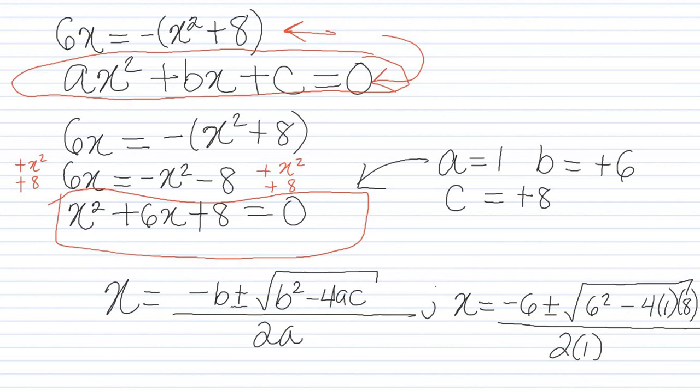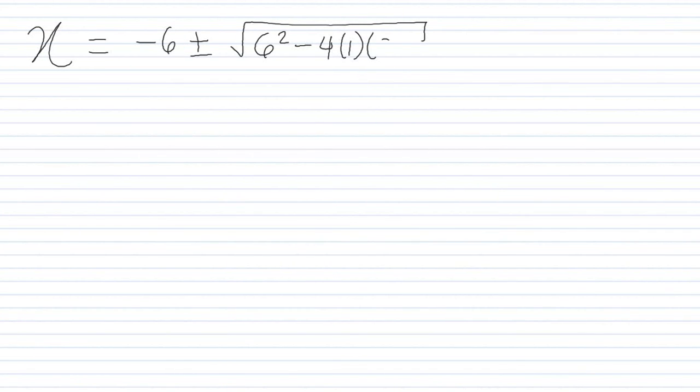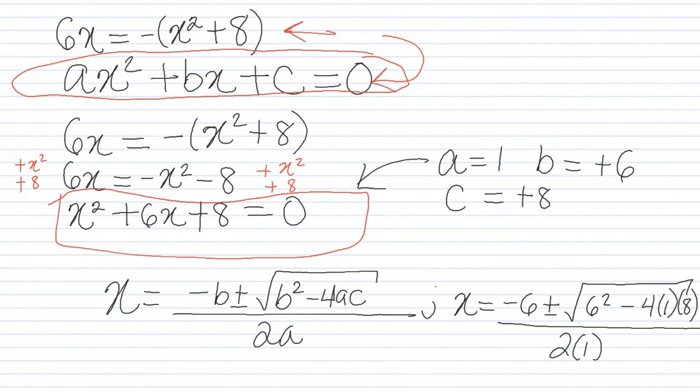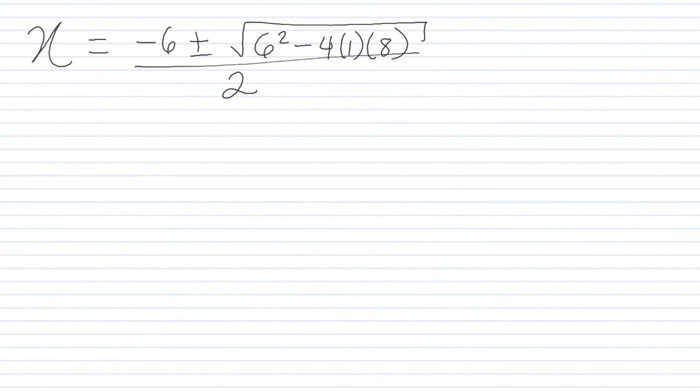Just rewriting what we had in the previous page, we had x equals negative 6 plus or minus the square root of 6 squared minus 4 times 1 times 8, divided by 2, because 2 times 1 is 2. So 6 squared is 36, 6 times 6 is 36, and we have a minus here.